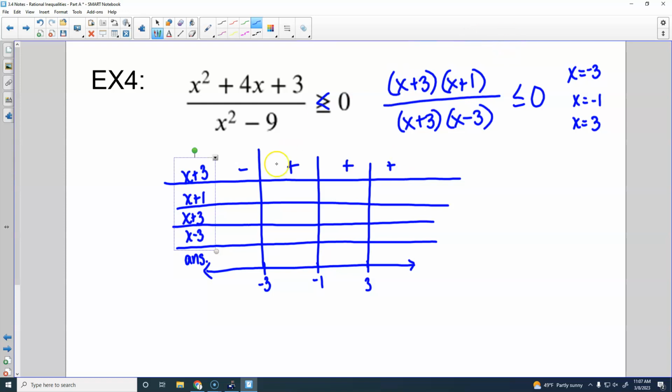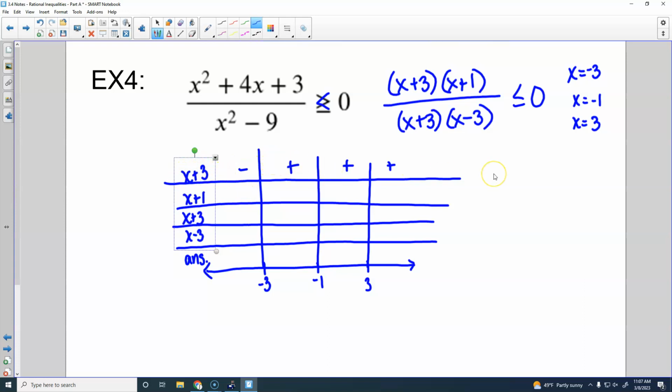Okay, so rather than plugging in a number for every single spot, which you can do, I know that negative 3 would be the number that would give me 0 here. So that's going to be like the point that I switch from negative to positive. So then if I just think, oh, well, something less than negative 3, like negative 4, that's going to give me a negative.